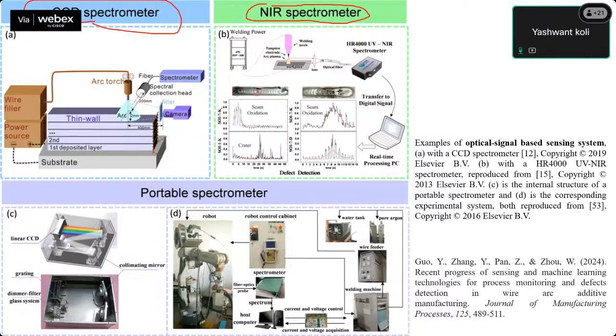The CCD spectrometer is attached here. Spectroscopy detects porosity, low welding current, lack of shielding gases, oxidation, and penetration issues. It works by analyzing plasma emission radiation from the electric arc.